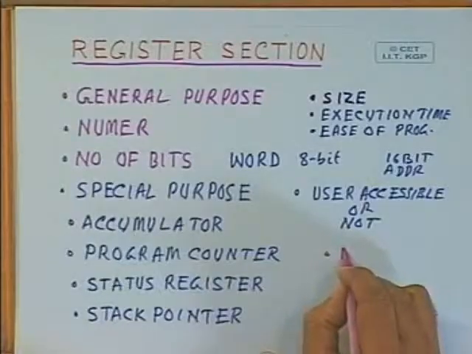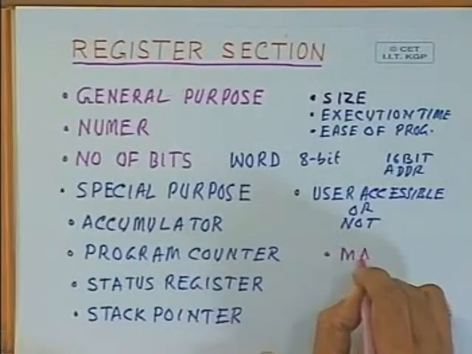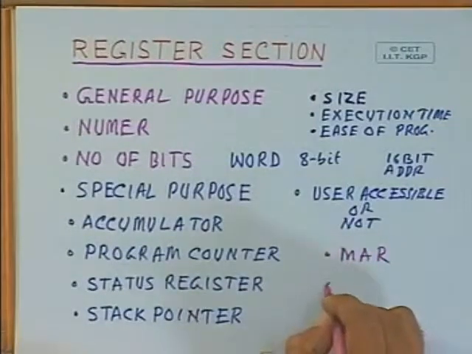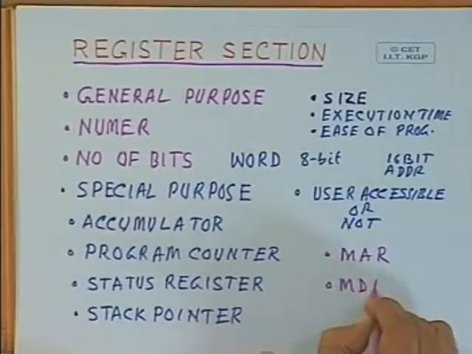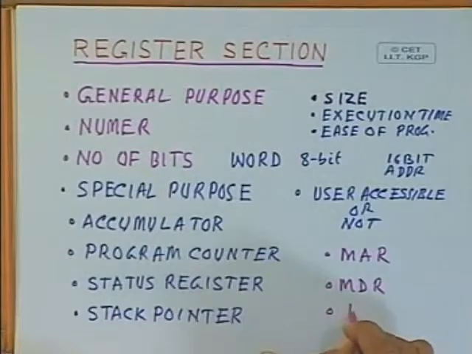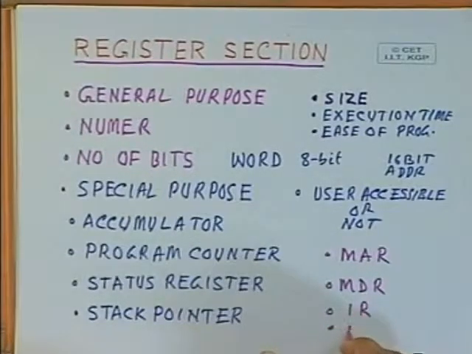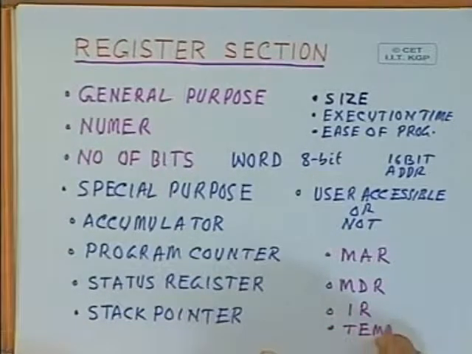But apart from these user accessible registers, there are some registers which are provided inside the microprocessor which are not user accessible, but at the same time they perform some useful function. For example, memory address register, memory data register, instruction register, temporary register.